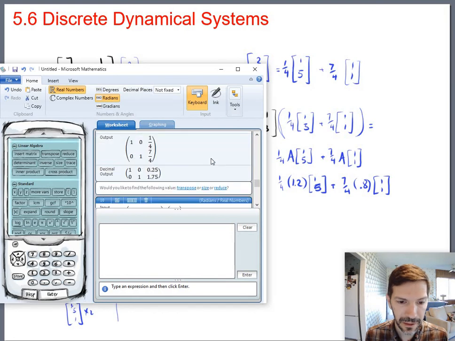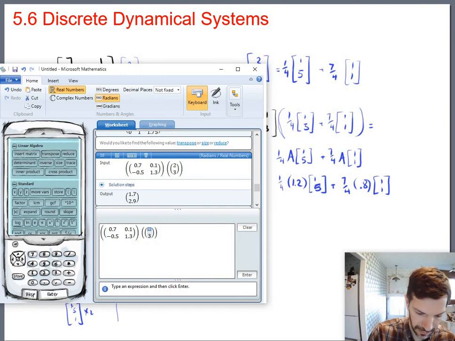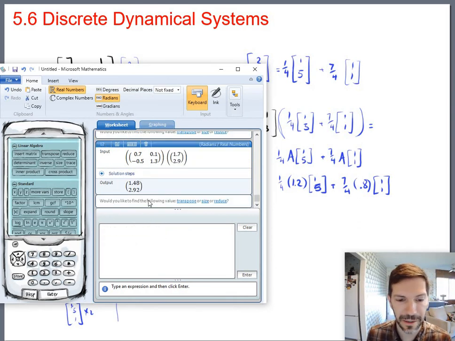So I'd have to take this and do 1.7, 2.9, and find out that's what comes out next time.